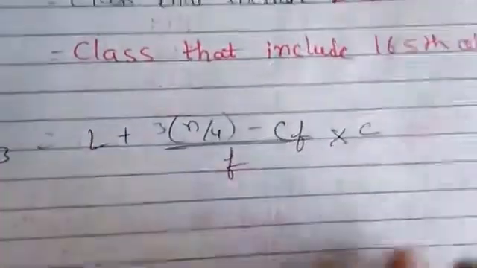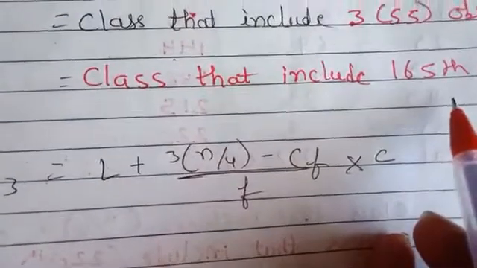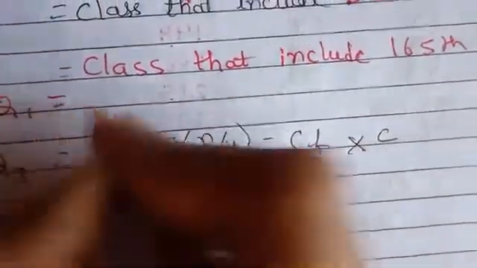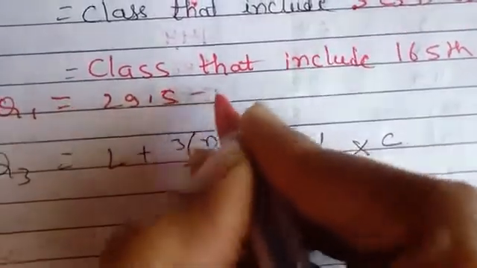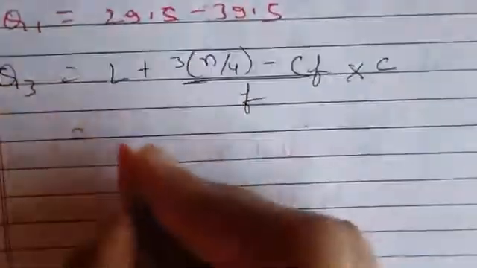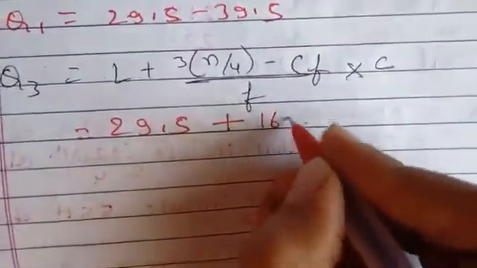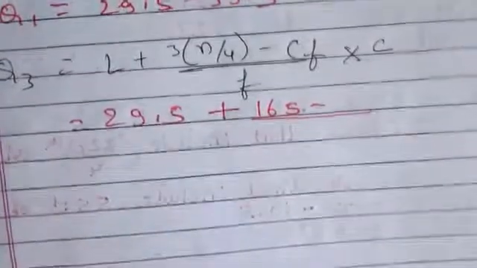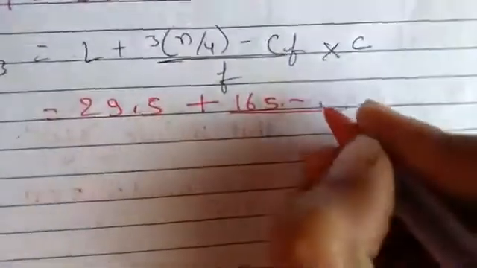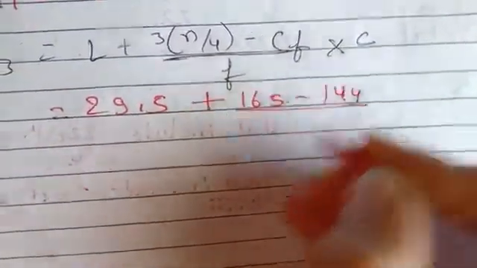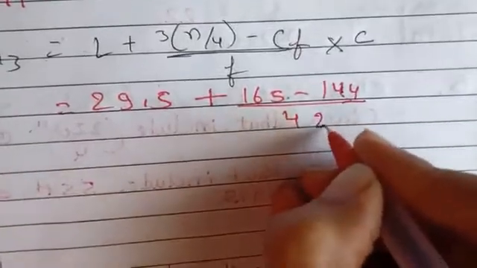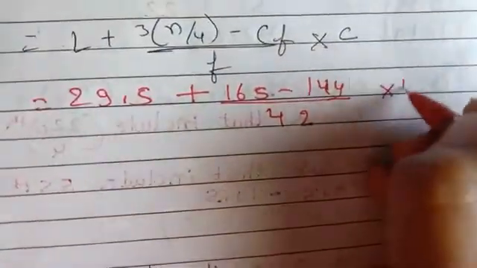I'll write down here. So 165. So our class will be 29.5 to 39.5. So L, the lower boundary point, is 29.5, 3n by 4 is 165 minus the CF value, which was 144, and F is 42, into 10.